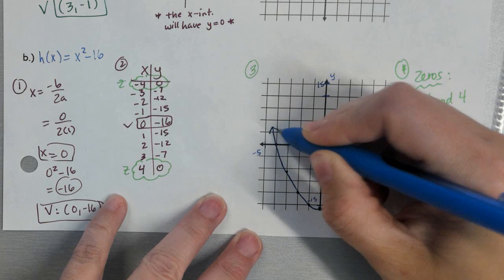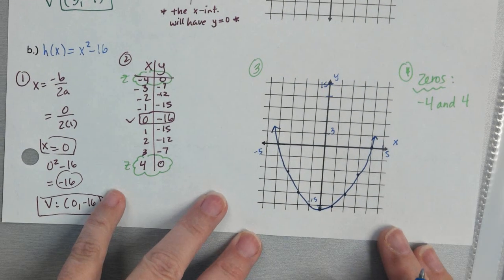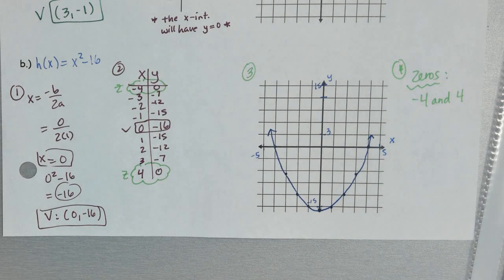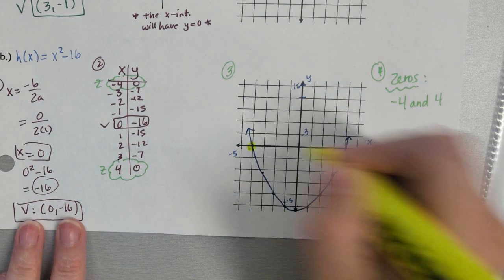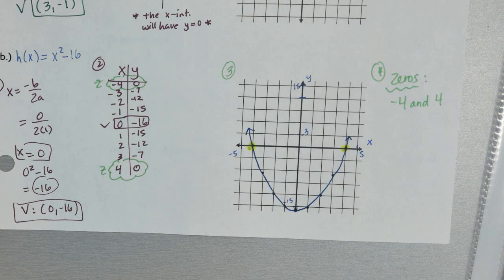Just connecting those with the curve, put your arrow on there. We have a parabola. Okay, and we're just looking for those x-intercepts. So 4 and negative 4.